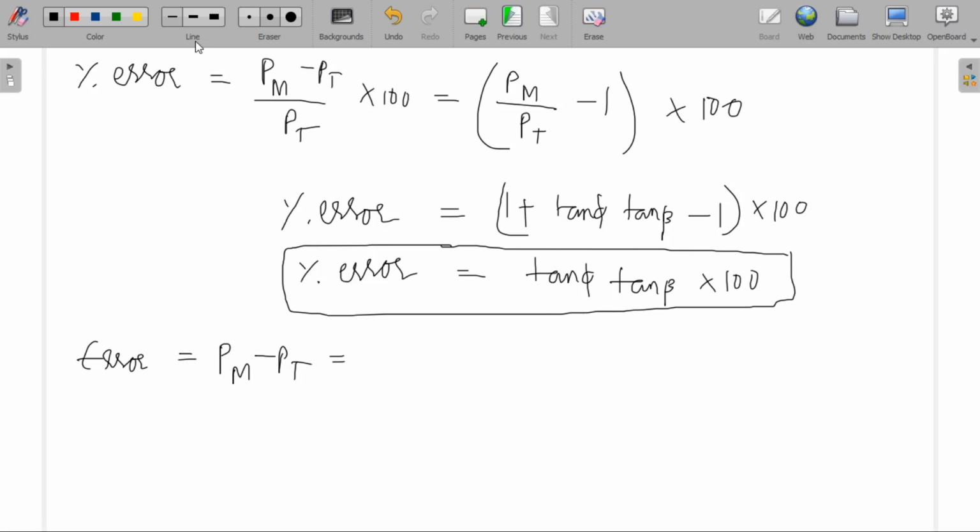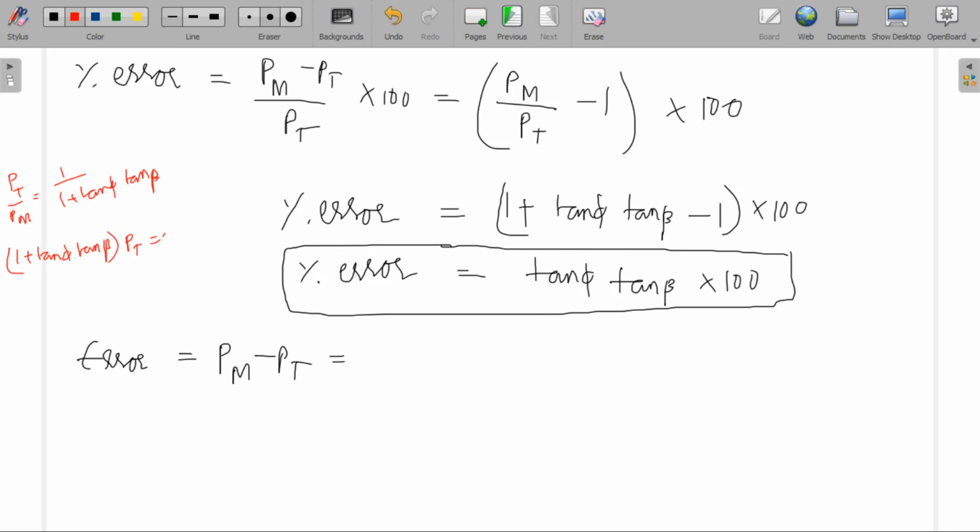We have the ratio. I'll write over here: Pt by Pm is equal to 1 by 1 plus tan phi tan beta, right?